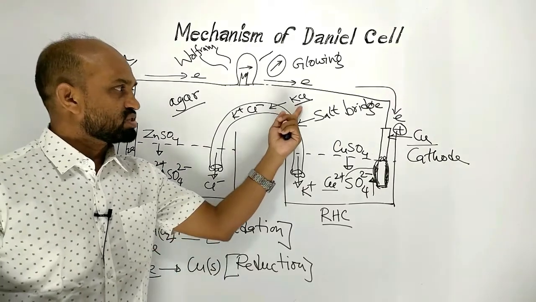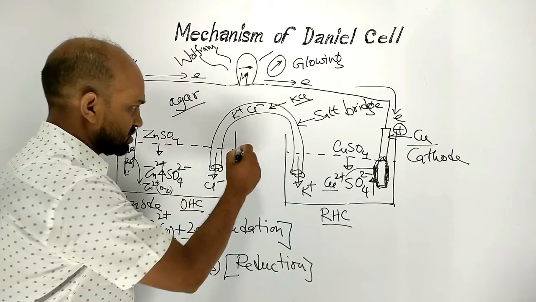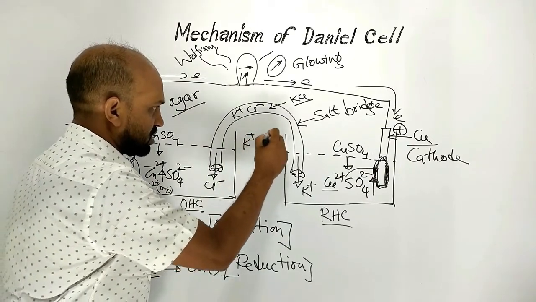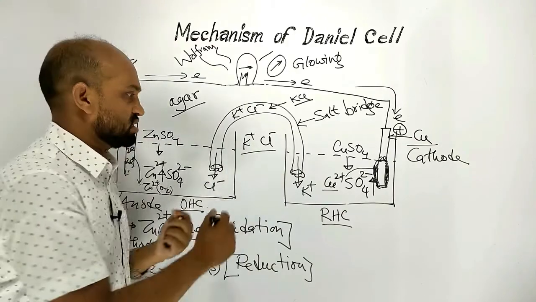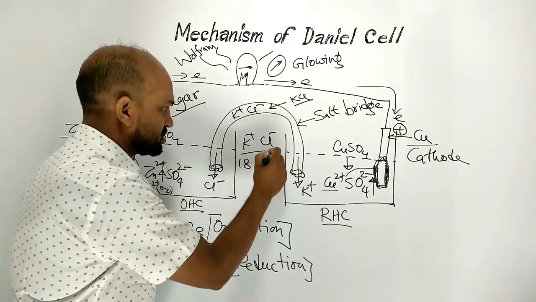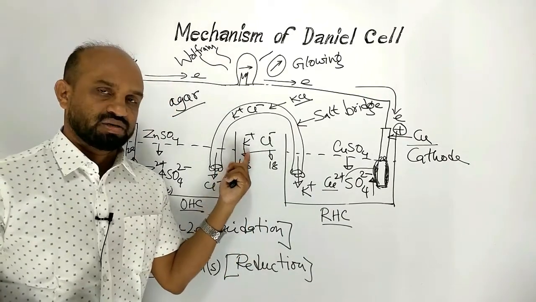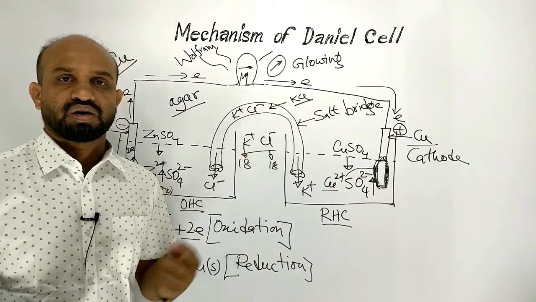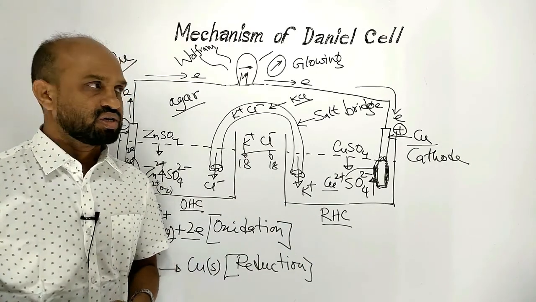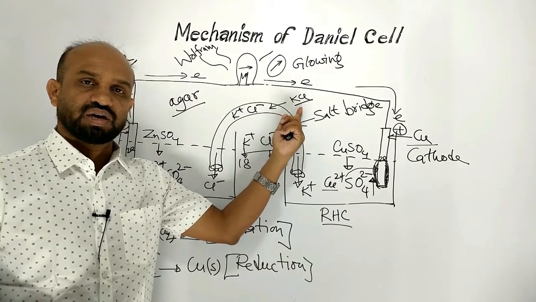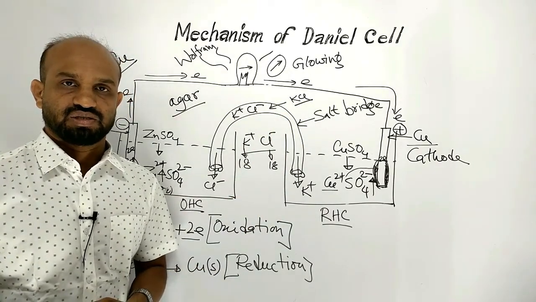Here, potassium chloride acts as the best electrolyte because these are isoelectronic ions. Here 18 electrons, here 18 electrons are present, and these two ions are almost the same in size. That is why potassium chloride acts as the best electrolyte in a salt bridge.